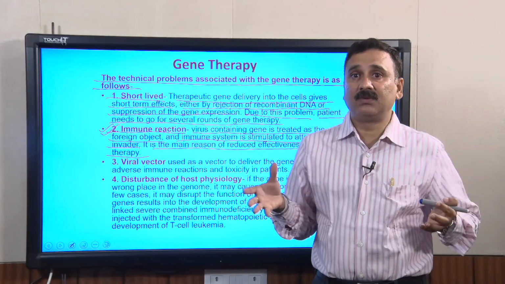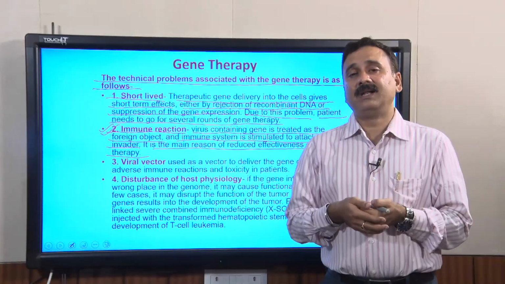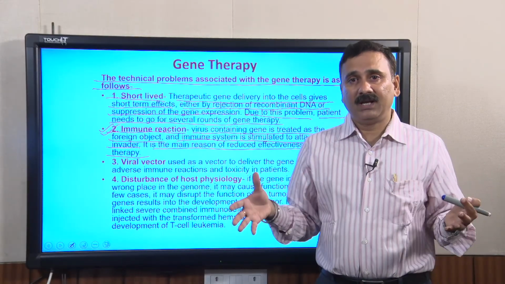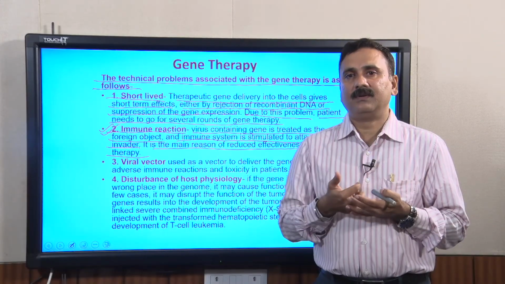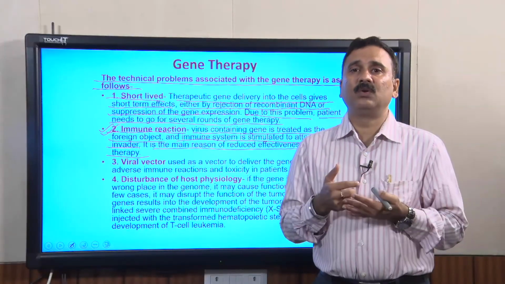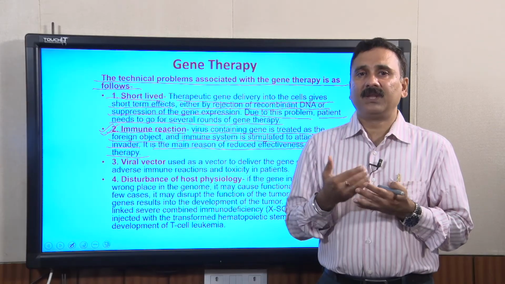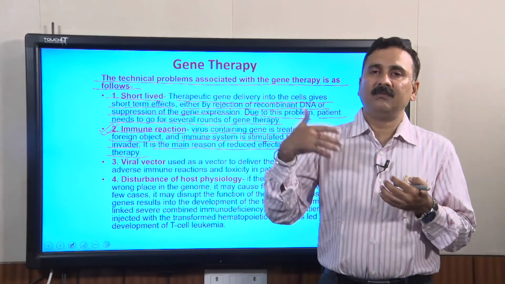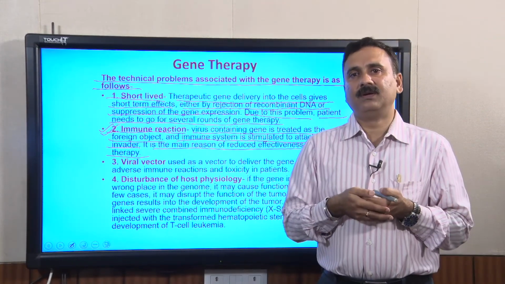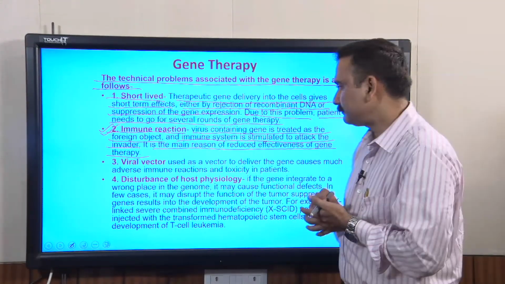The immune system is going to recognize the viruses as foreign agents, and it will either remove these viruses from circulation, or not allow the injected viruses to propagate and provide any kind of long term effect.